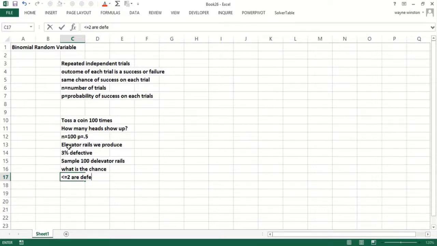Okay, I should say n here is 100 again. p is 0.03. Oh, we have to define the outcome. So we'll say a success is heads here. Failure, tails.